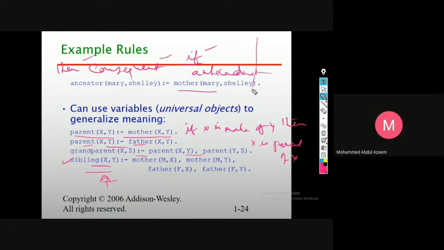So logical programming, if you see, it's all about theorem proving, right? It's all about theorem proving. And you start with some hypothesis. Hypothesis is also some kind of assumed facts, right?